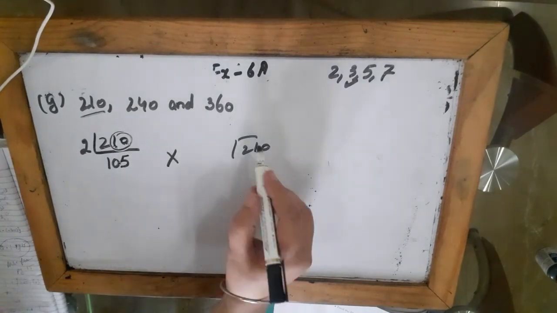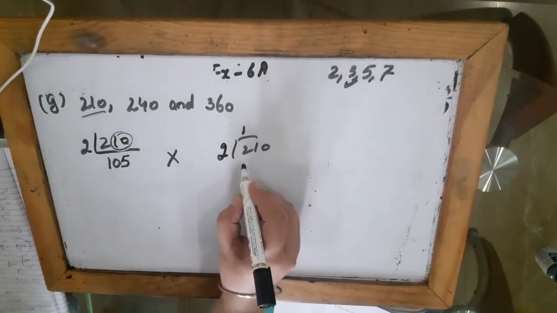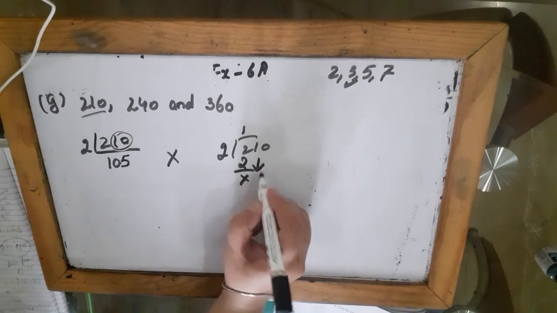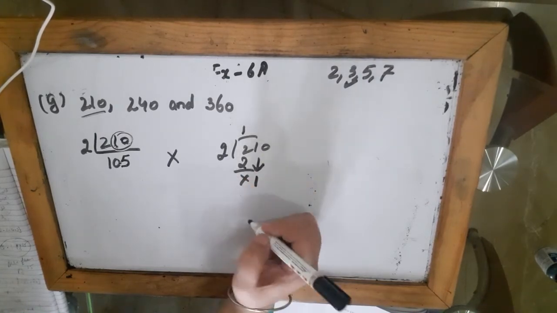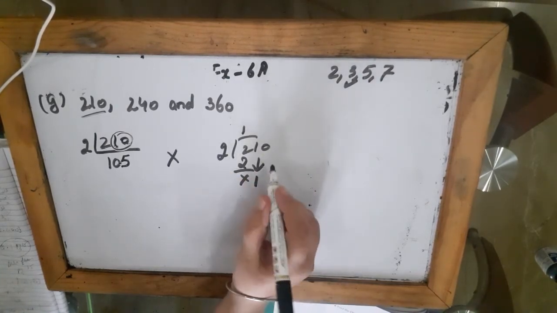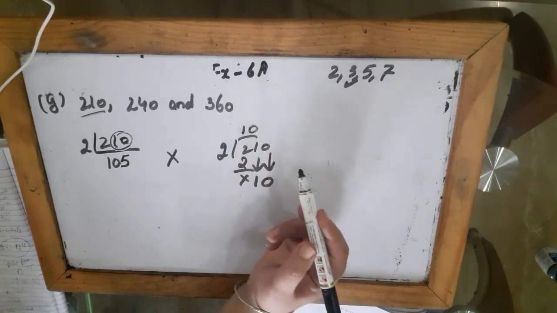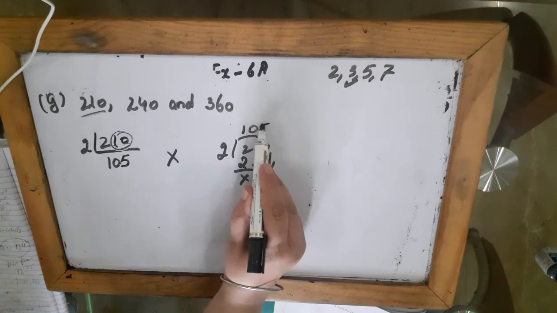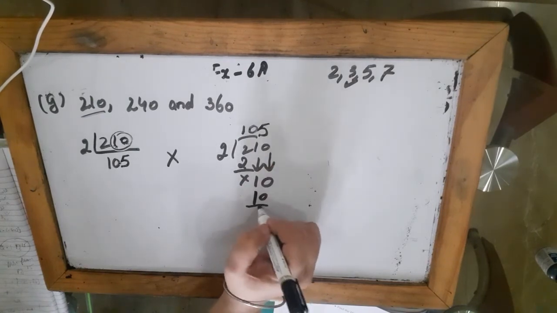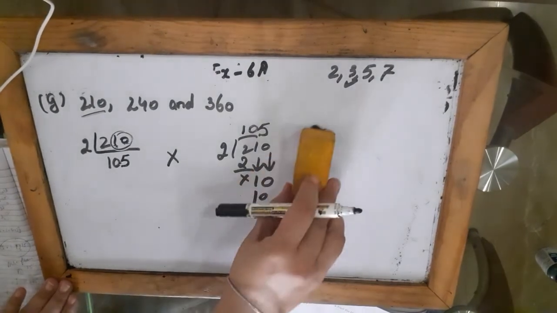Let me show you this with long division. 2 ones are 2, you bring this 1 down. You cannot divide with 2 because this is smaller than 2. You have to bring 0 down, but first you put a 0 in the quotient. Then 2 fives are 10. So this you have to keep in mind.